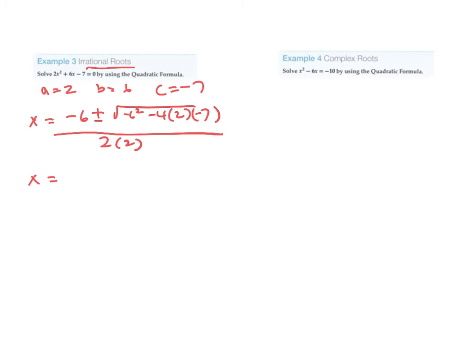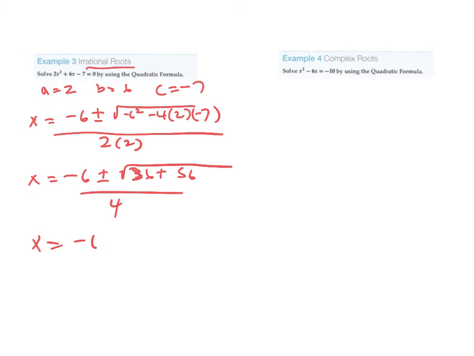So let's go through the math of what's in the quadratic formula. That's 36 plus 56, which is 92, and this is 4 on the bottom.